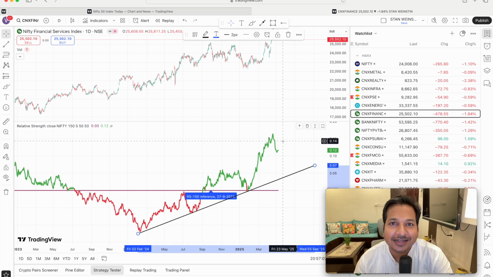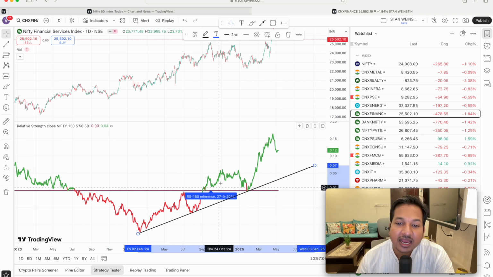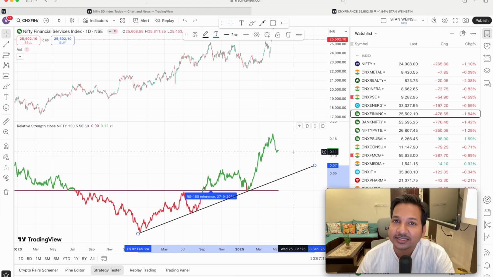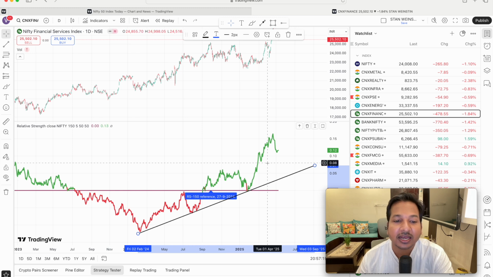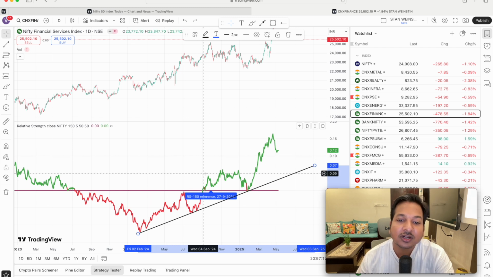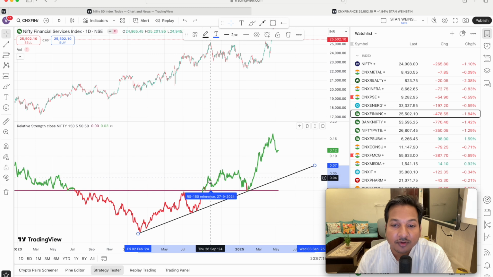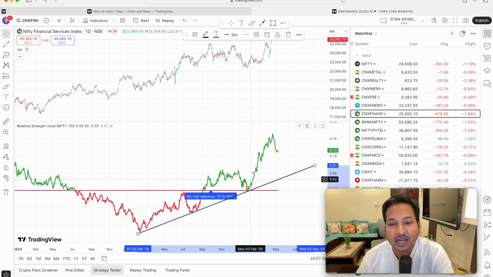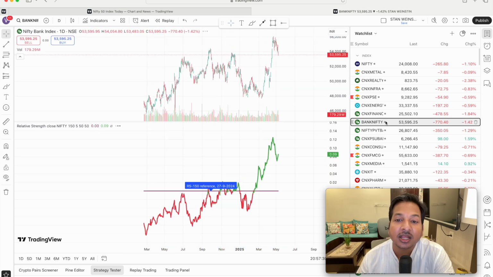This is what I call strength, and with that it has crossed the zero line and now it is in higher high higher low. Yes, the relative strength line also is in higher high higher low. So from here, when it has crossed the zero line and is in an uptrend, you can start putting money in the finance sector. Now it is in a higher high higher low structure, so it is stronger than Nifty.